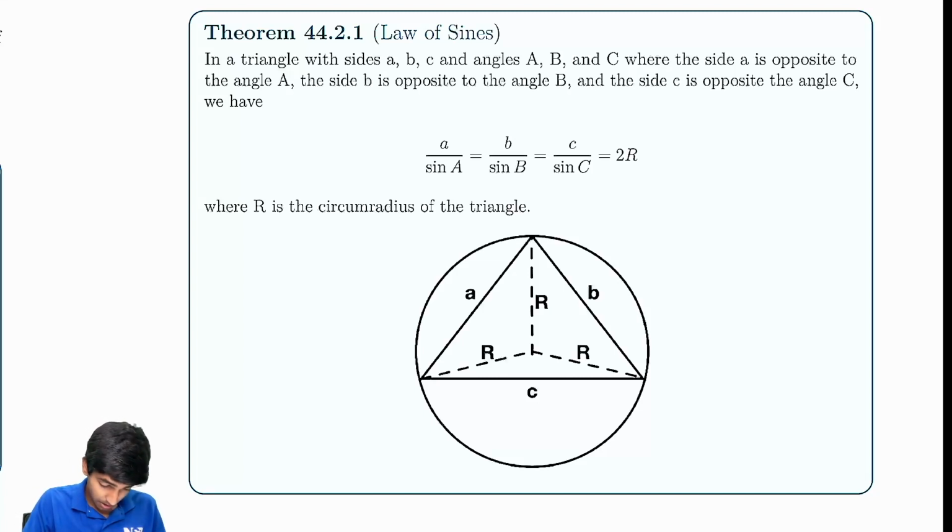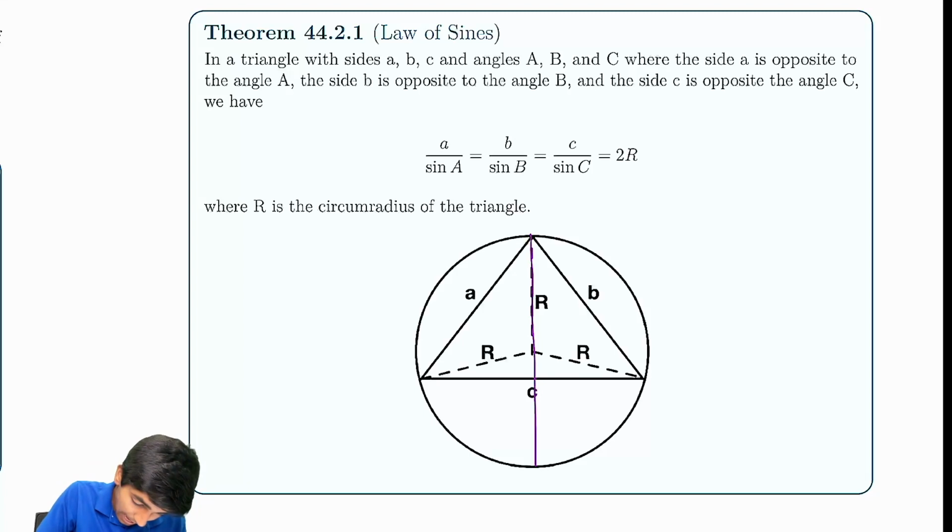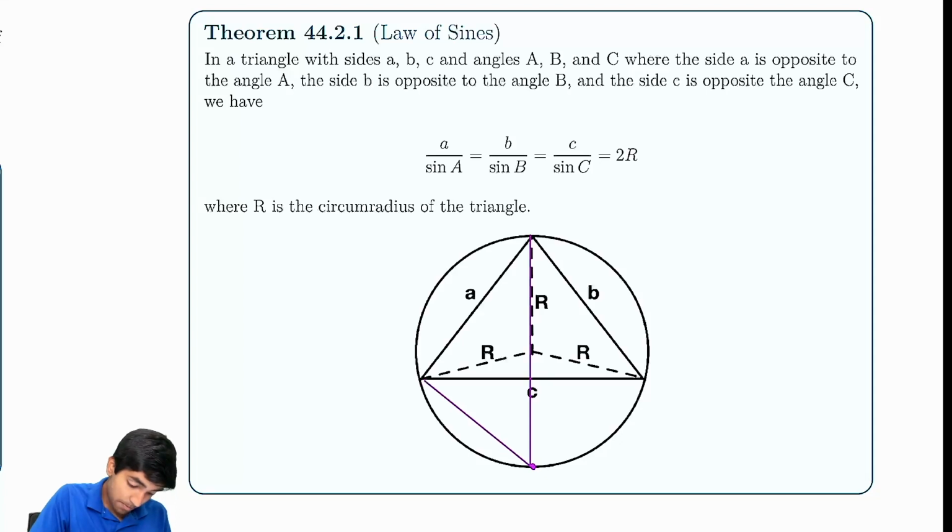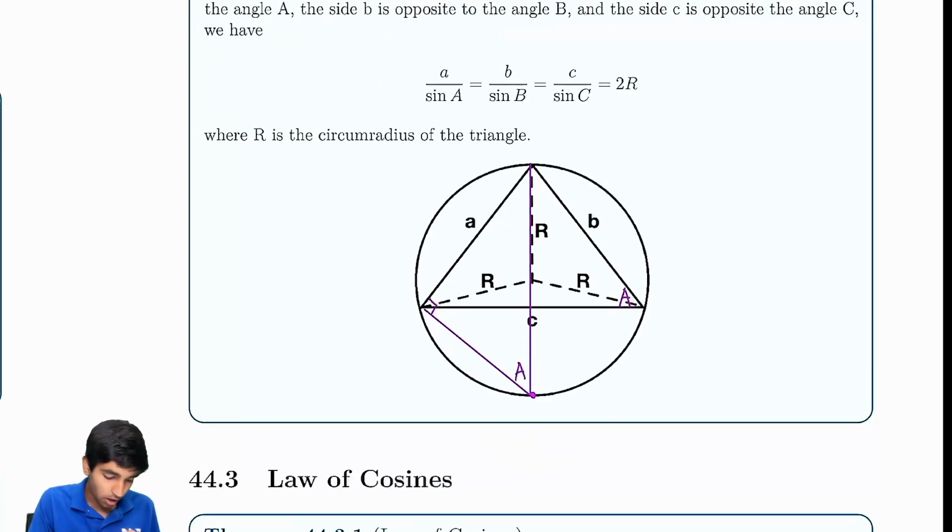The idea is, let's draw this entire diameter. This is the diameter of the right triangle, right? So by our inscribed triangle properties, that's a 90 right there. Now, this is angle A, or maybe let's use big A. That's angle big A, inscribed angle theorem. But then, take a look.